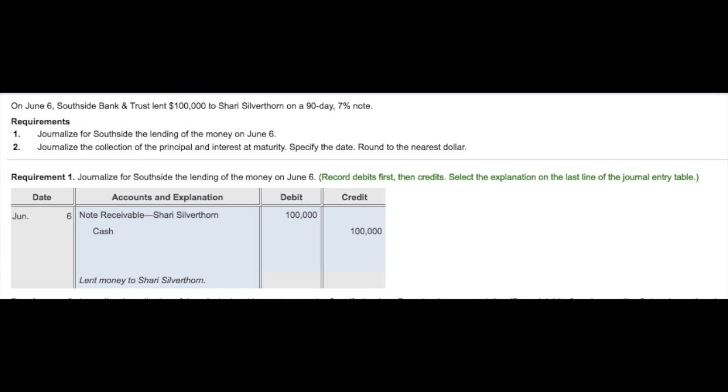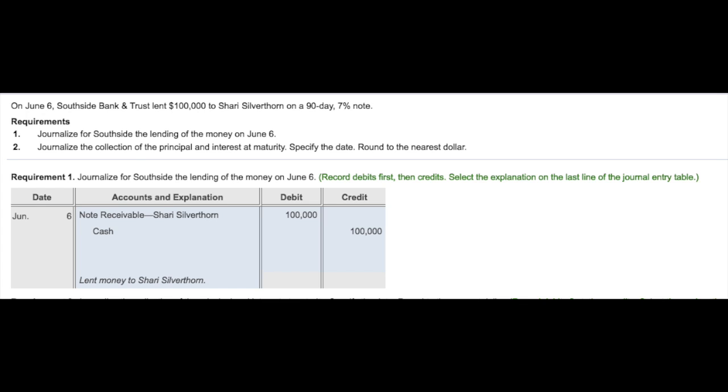And you would use June 6th, because that's the date. You would debit notes receivable, Sherry Silverthorne, $100,000, and you would credit cash $100,000. The explanation is you lent money to Sherry Silverthorne.